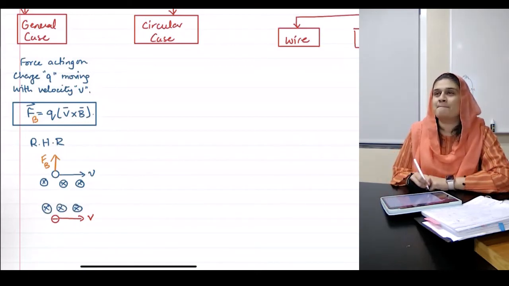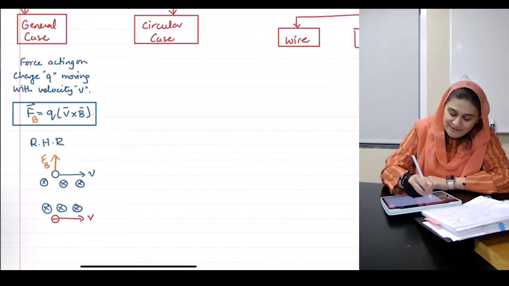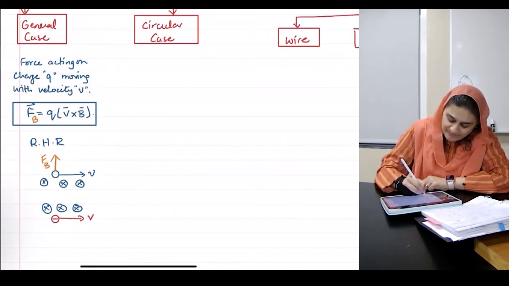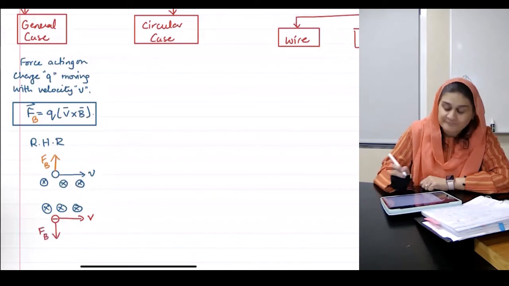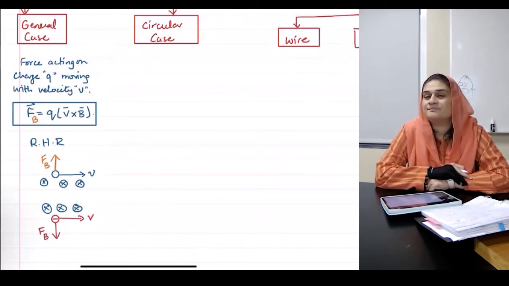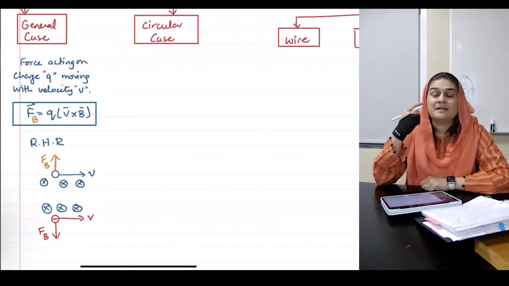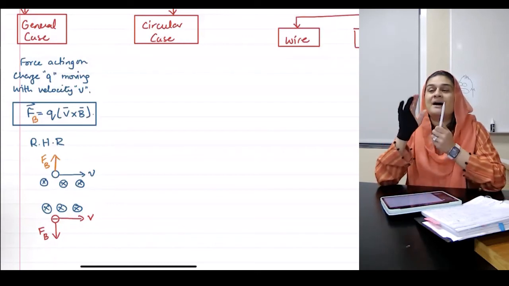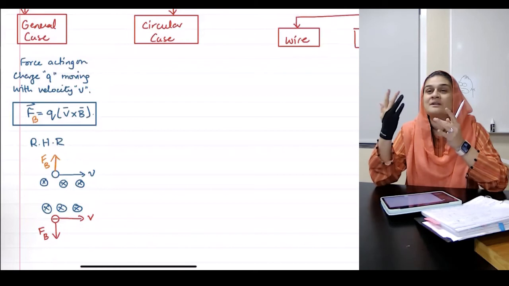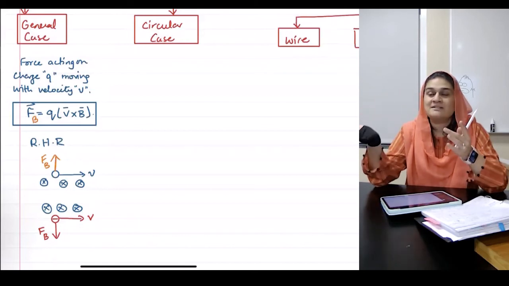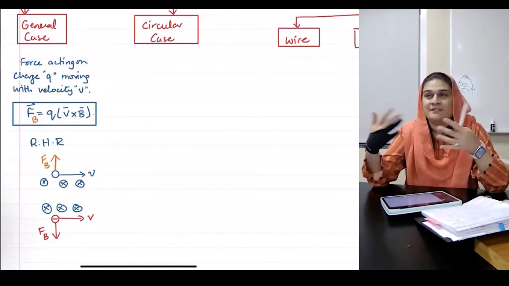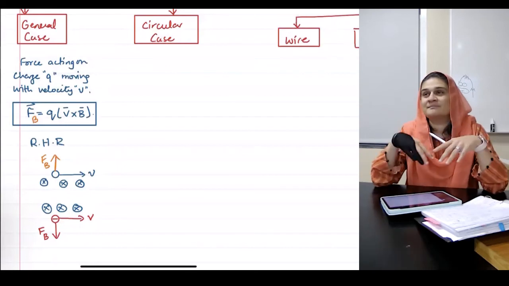Up or down? Down. Good. FB points down. The easiest way to think about it is, I always do this. I will find what the force is due to a positive charge, because that's the equation I have, V cross B, and then I'll just flip it.